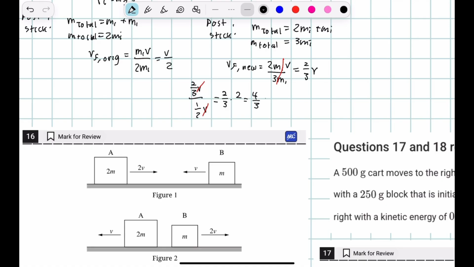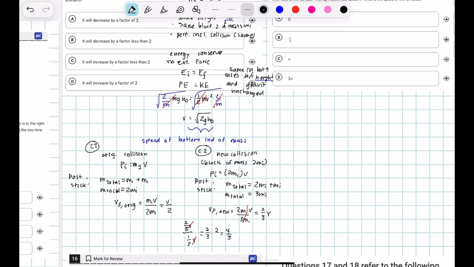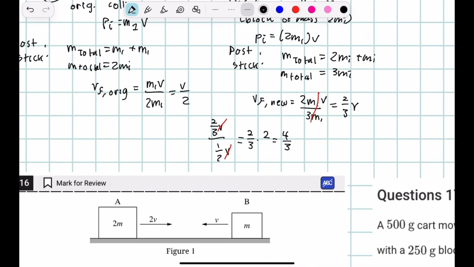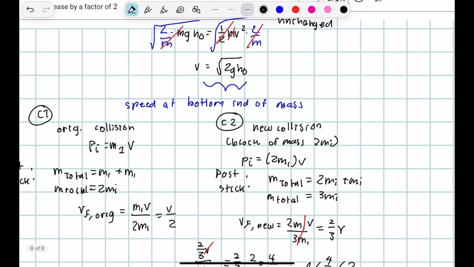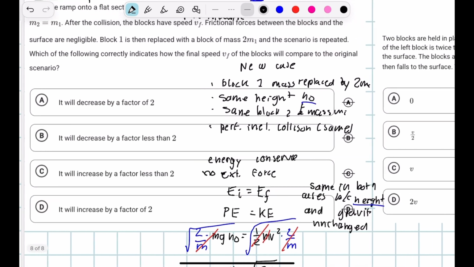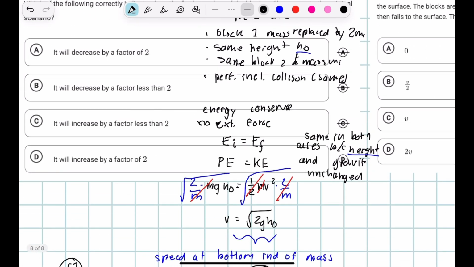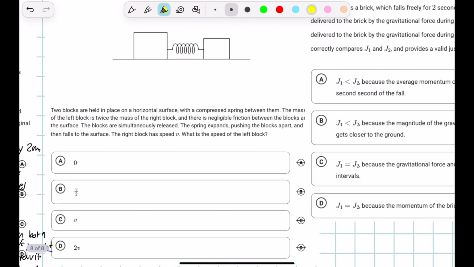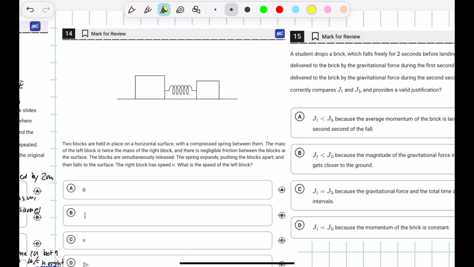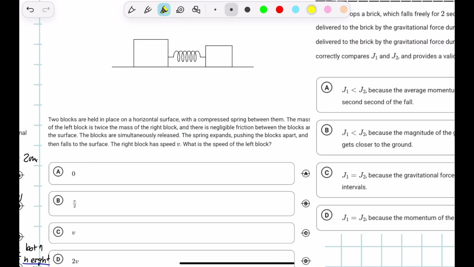So let's look at our options. 4 over 3 is greater than 1, and it's also less than 2. So looking at our answers again, it will increase by a factor less than 2. So that was long.